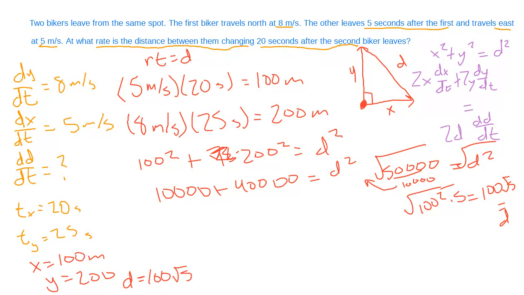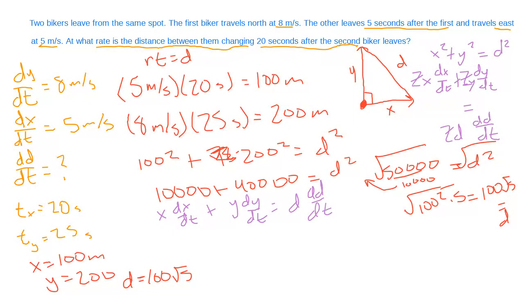Now we finally have all of our information that we can use to plug into our initial problem. Just to clean things up, we have a 2, a 2, and a 2, so let's erase those to make life easier. So we get x dx over dt plus y dy over dt equals d dd over dt.